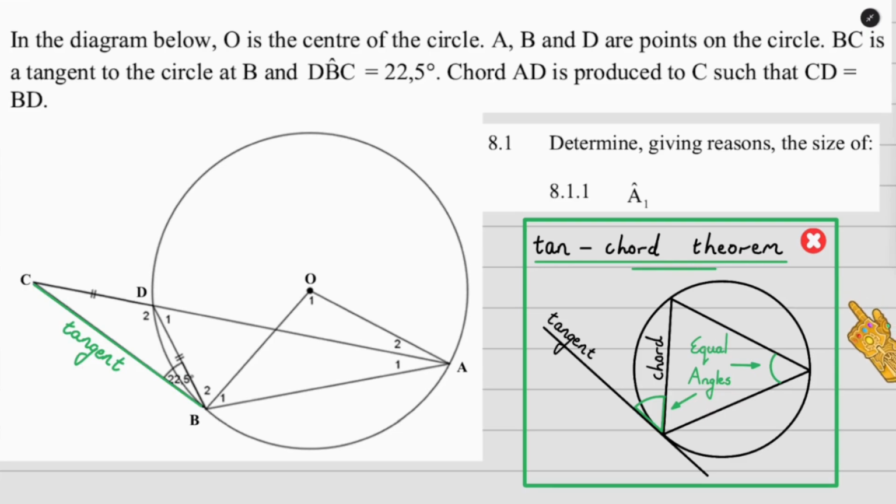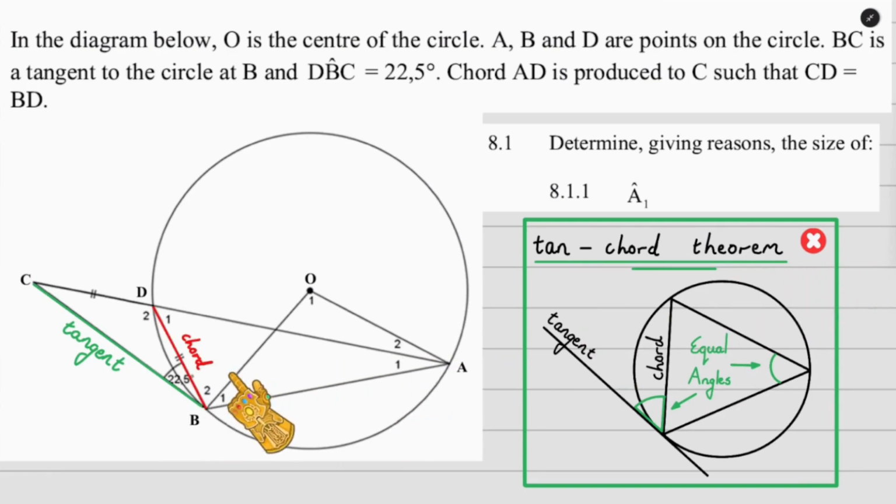So the tan chord theorem states you have equal angles that exist between the tangent and the chord, as well as the angle that is subtended by the chord. So you follow that chord down to the circumference, and then you get the angle that will be equal to this one. So if we apply that here, our chord is DB.